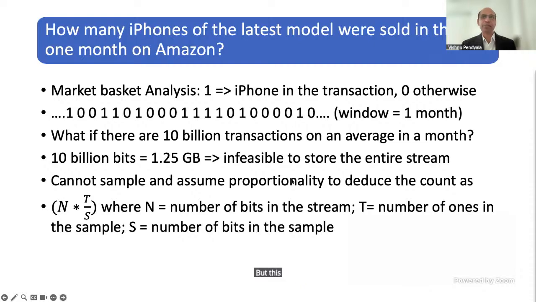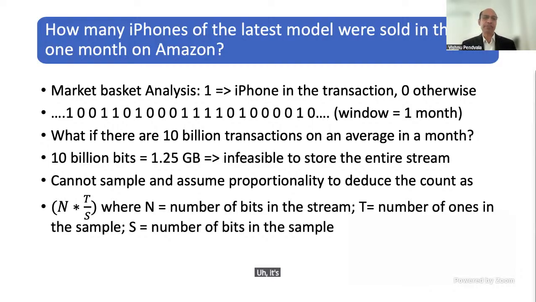But this is not applicable to us. Why? Because you cannot assume that this stream is uniform in distribution. There can be ones continuously, there can be spikes in the iPhone sales, or there could be absolutely no sales also.